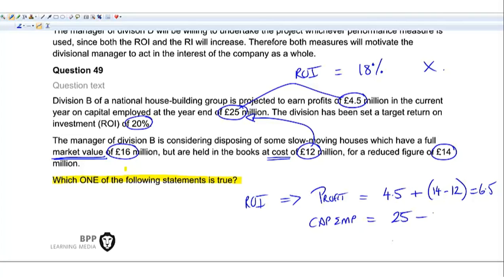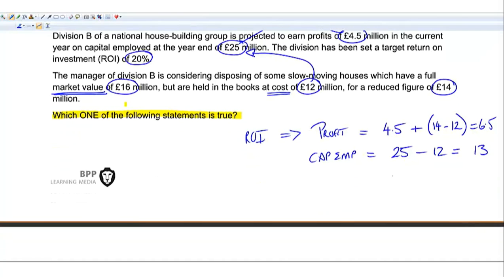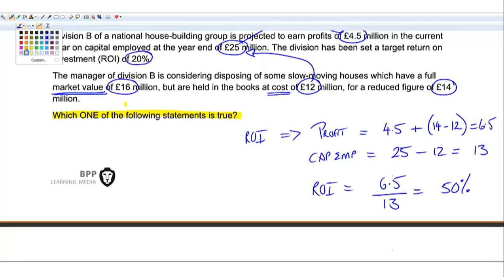It is 25 at the moment. We will remove the houses which are held in the books at 12 million, which would leave us with capital employed of 13. So our return on investment after the decision would change to 6.5 divided by 13, which would give us a return on investment of 50%.